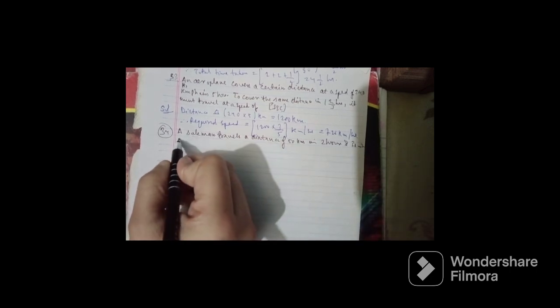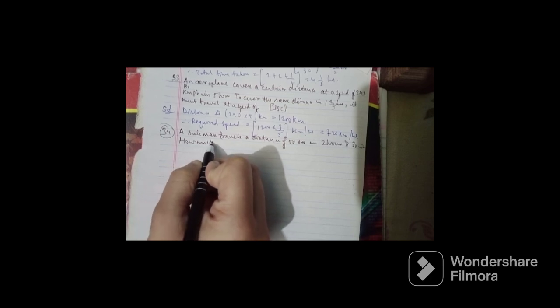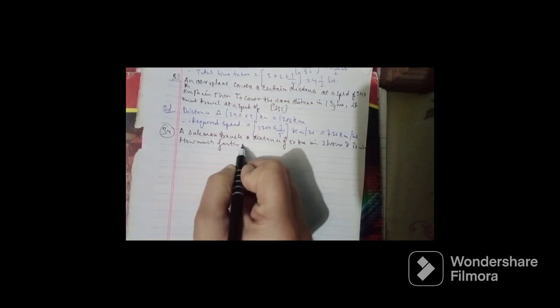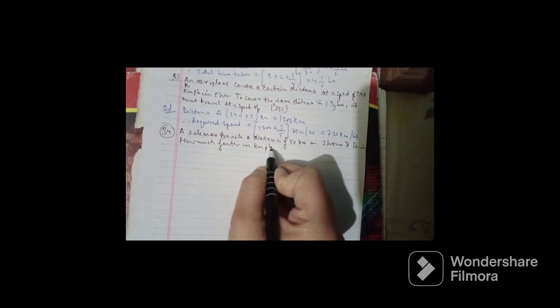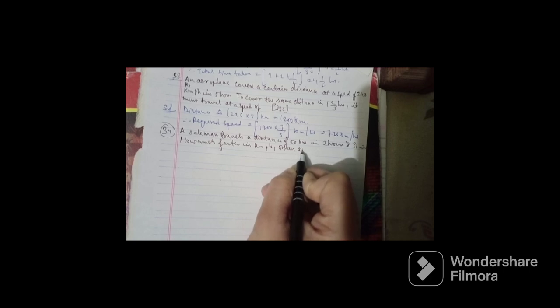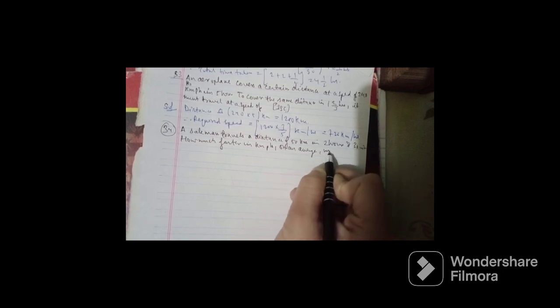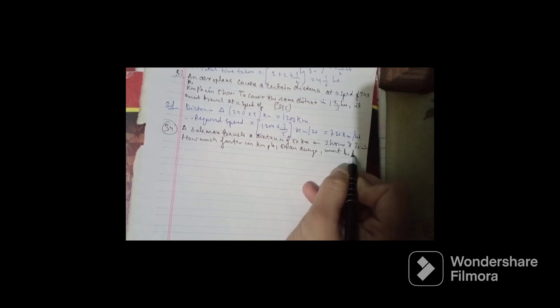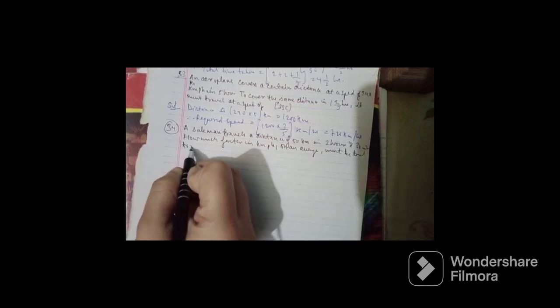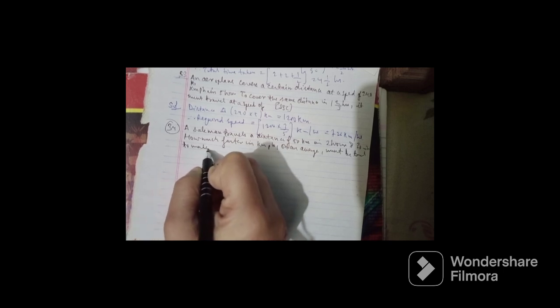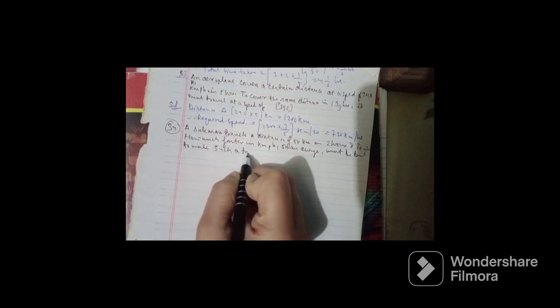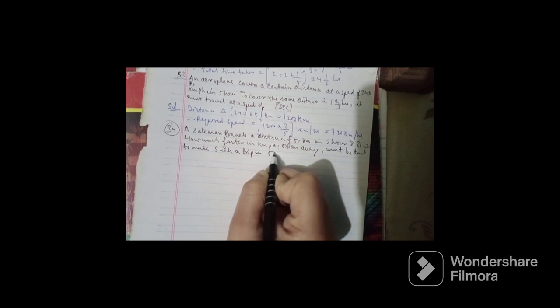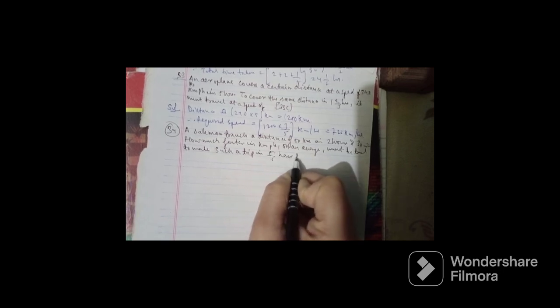How much faster in kilometer per hour on an average must he travel to make such a trip in 5 by 6 hour less time?